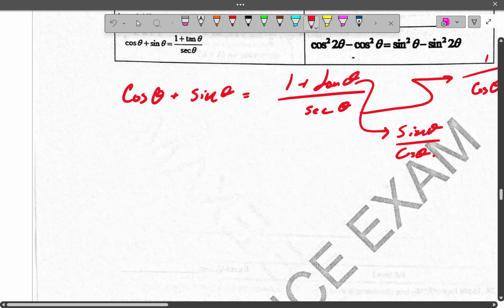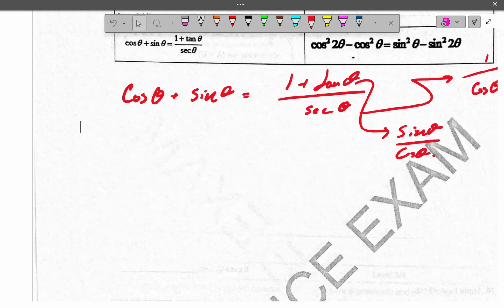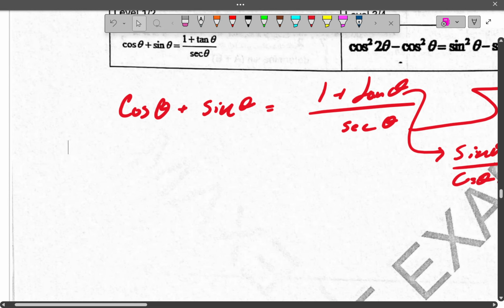And that something I'm going to choose to divide by will be cosine. But whatever I do to the top, I'm going to do to the bottom.